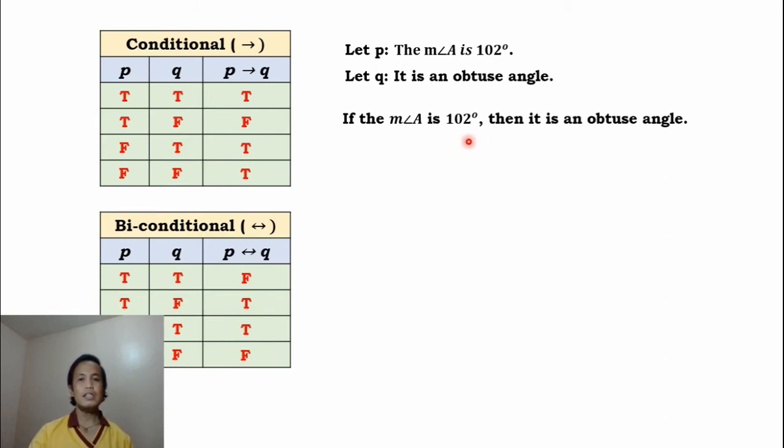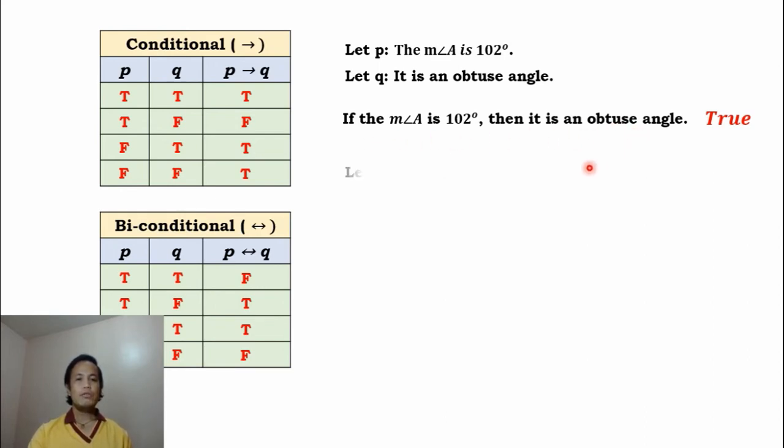In this case, since this is 102 degrees, the truth value of this statement is true. Since our P is true and our Q is true, therefore the compound statement P implies Q is a true statement. This is the compound statement.